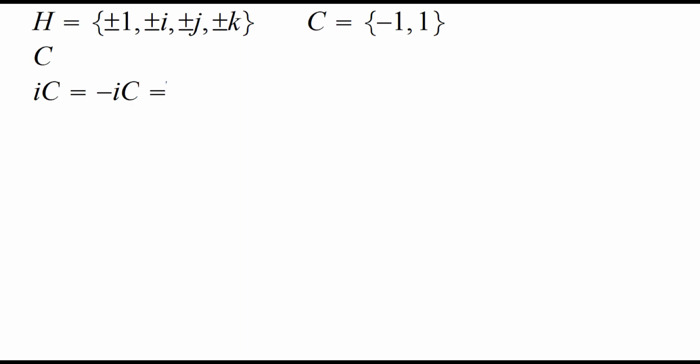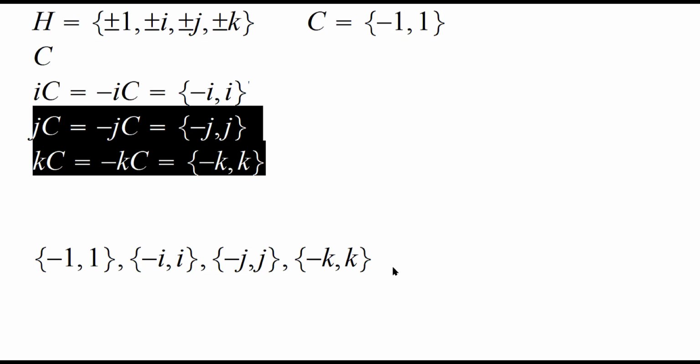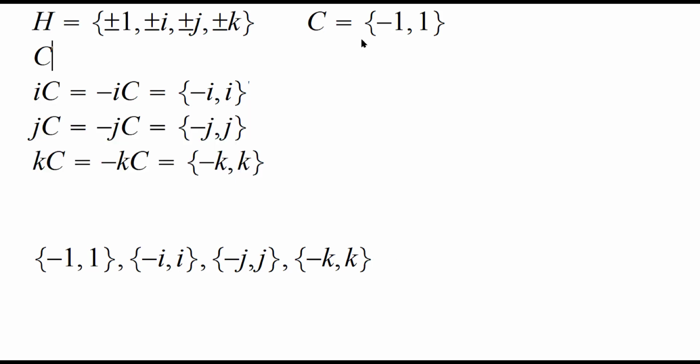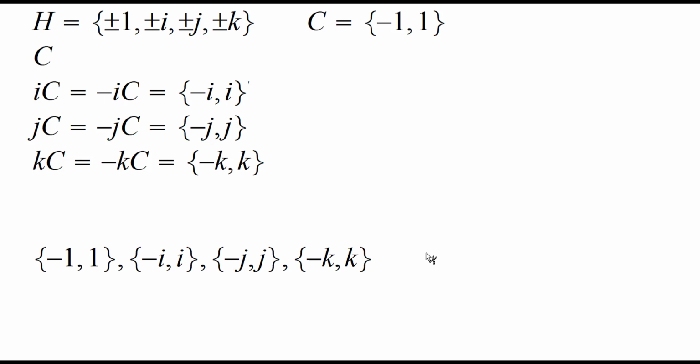All that will happen is that's going to be negative i, or if I was taking it by i, then it will be {i, negative i}. Okay, so continuing in that manner, what we realize is that the left cosets of this subgroup are these four subsets of H.